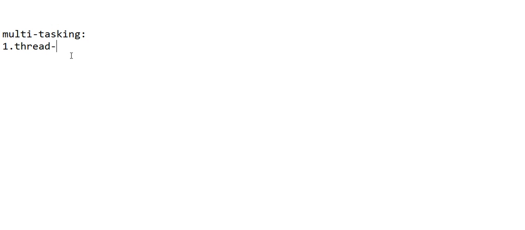For example, if you are writing something and simultaneously you are printing it, that means you are doing it in the same process, that is in the notepad itself. Imagine this is MS Word.